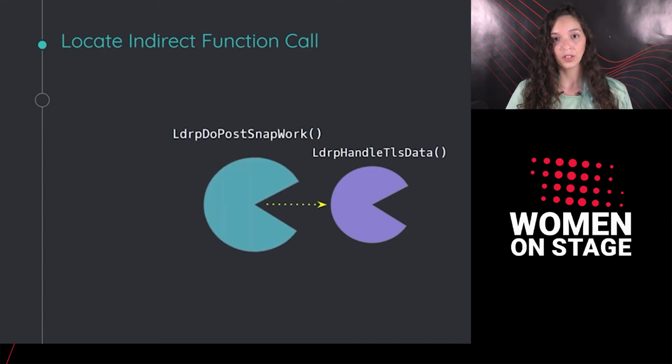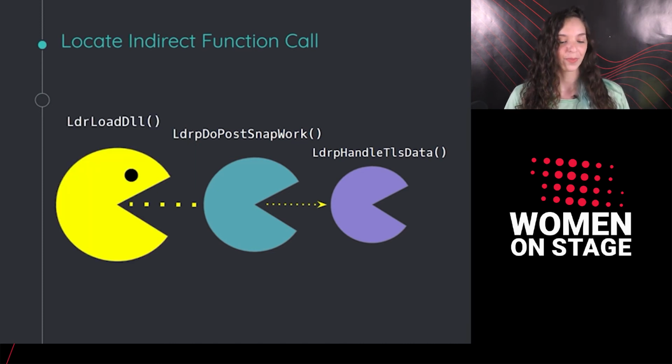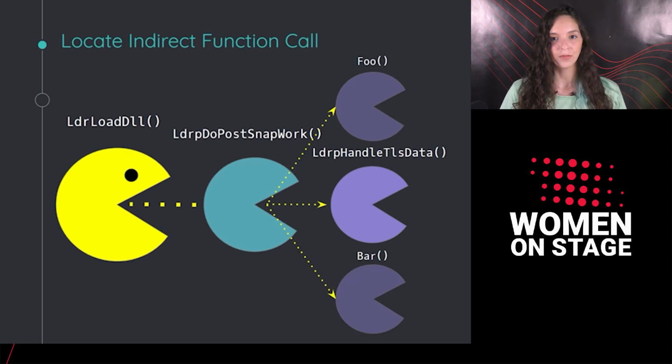And we have the function that calls it, right? So what if this function that calls it is also internal, and the function that calls it, and the function that calls it, and so on, until we get to our exported function. And of course, let's not forget that the function that calls our target function can also call other functions as well.